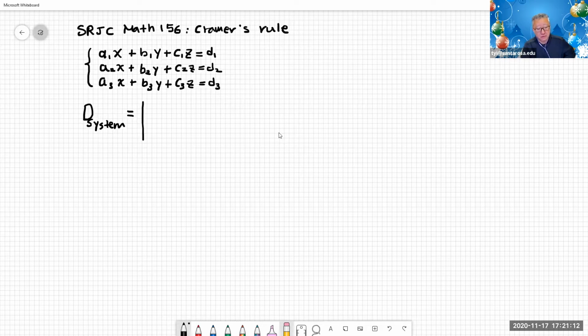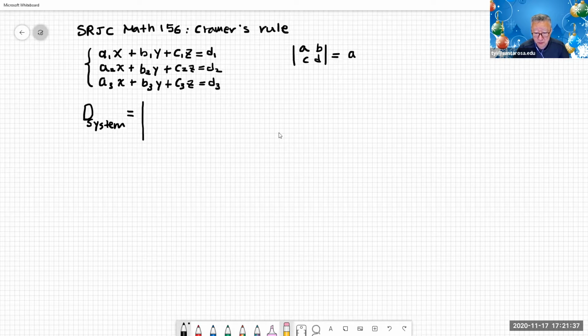Okay. So we don't want to do this on two variables here, but if I have a determinant like A, B, C, D, then the determinant is a value that comes from this matrix.